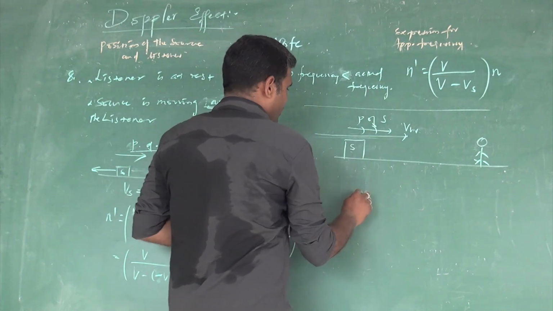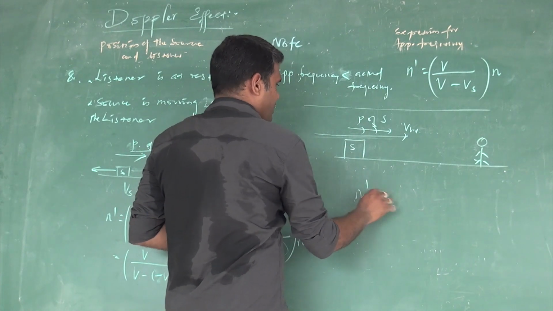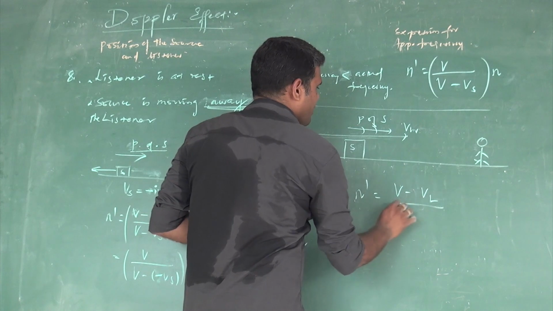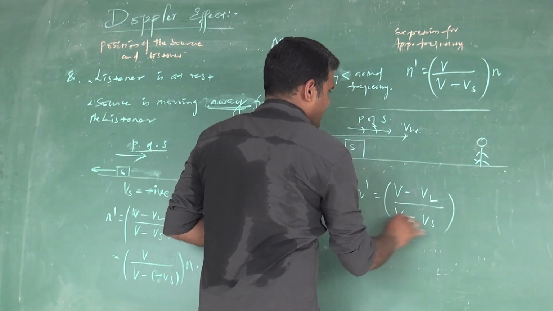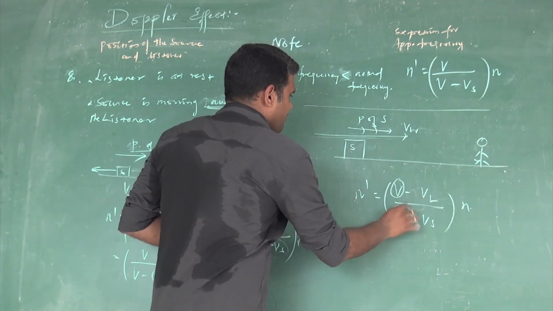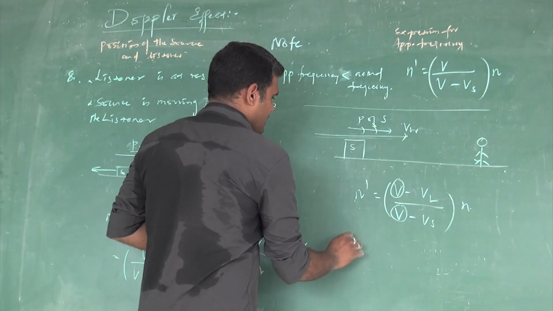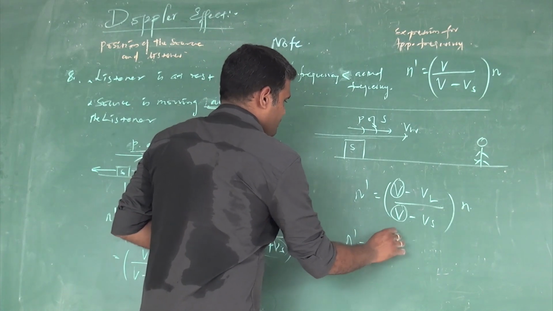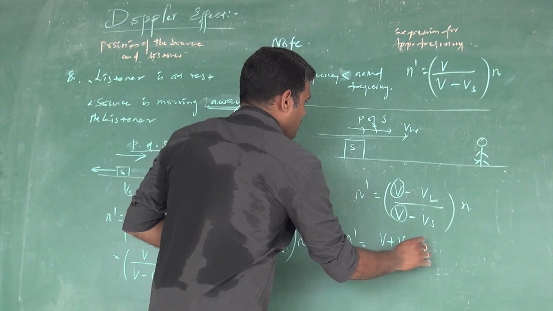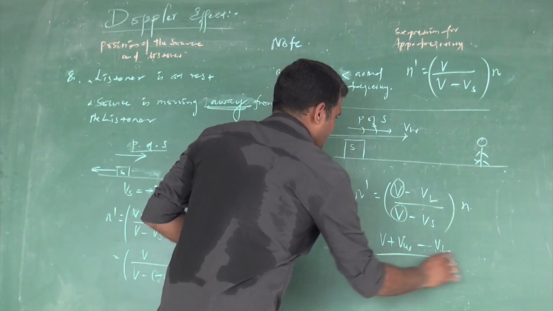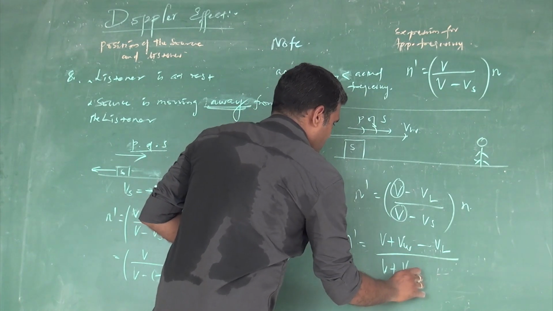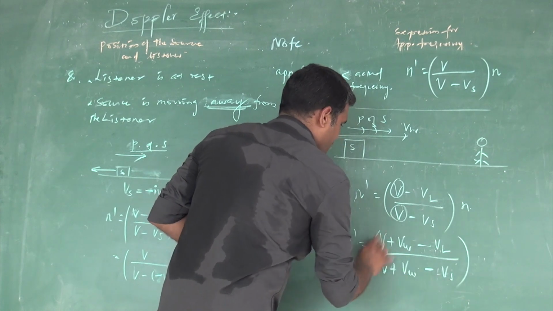In the position of V, where n prime is equal to V minus VL divided by V minus Vs into n, I have to write n prime is equal to V plus Vw minus VL divided by V plus Vw minus Vs into n.